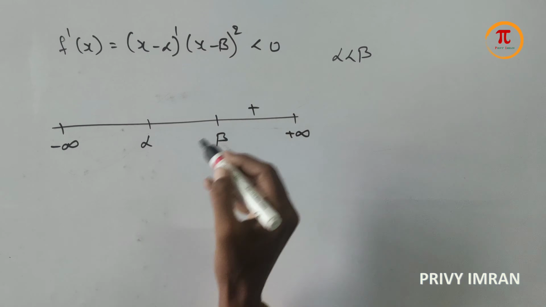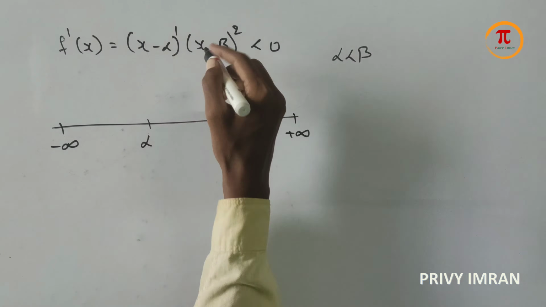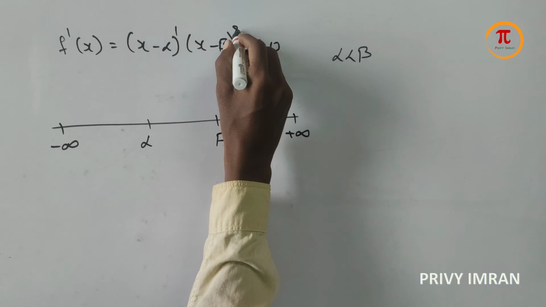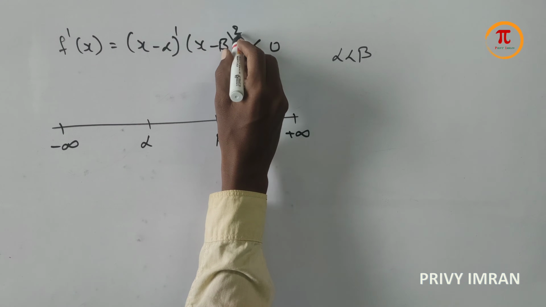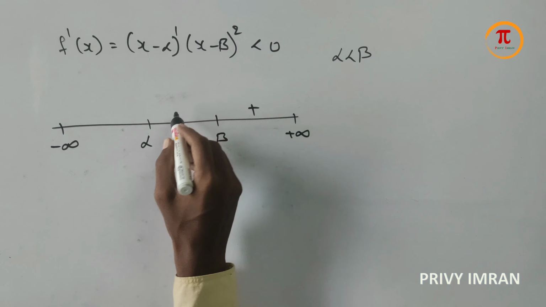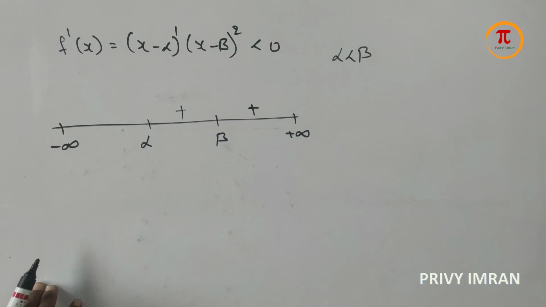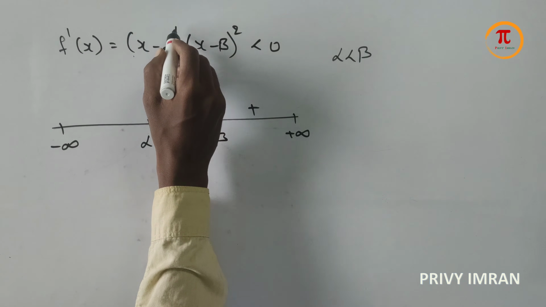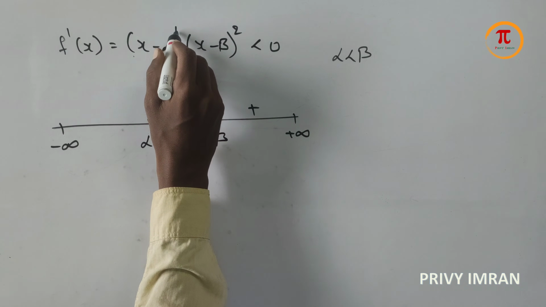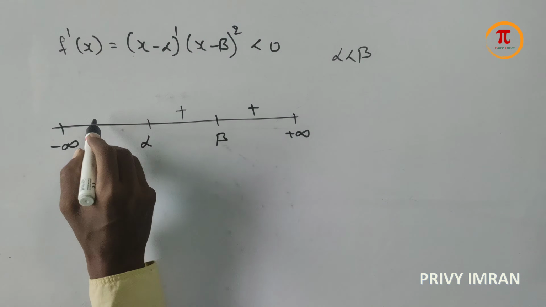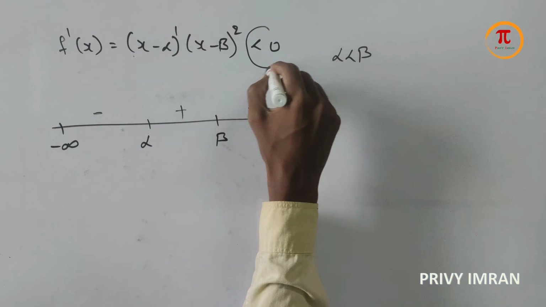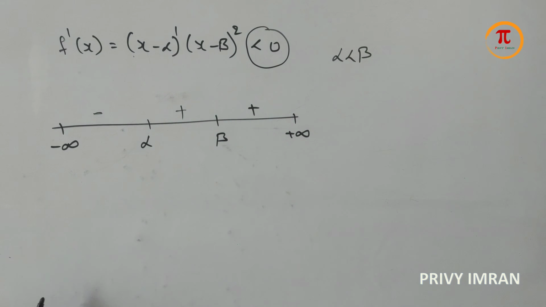Always by default here it is a plus. Here, if you observe, (x minus beta) whole square represents an even number, so plus will be carried forward here. And again at alpha, (x minus alpha) whole power 1 represents an odd number, so plus will be converted to minus. But if you observe, here it is less than 0.